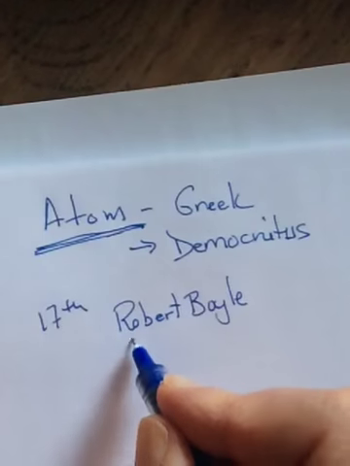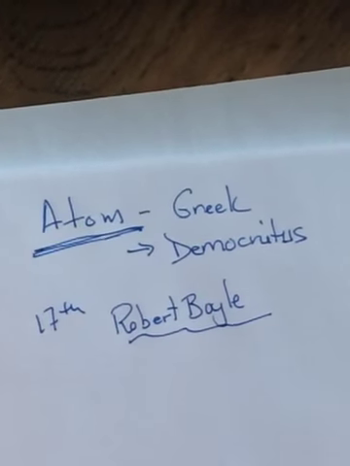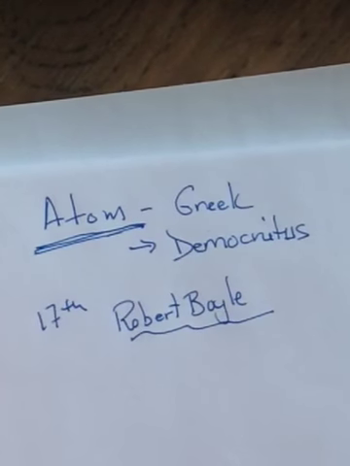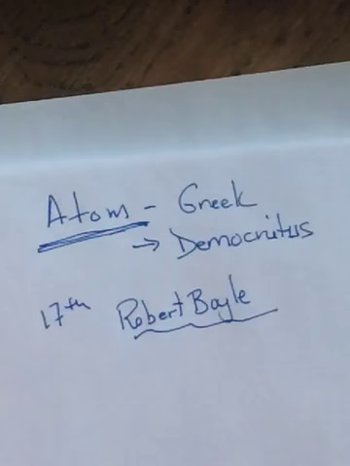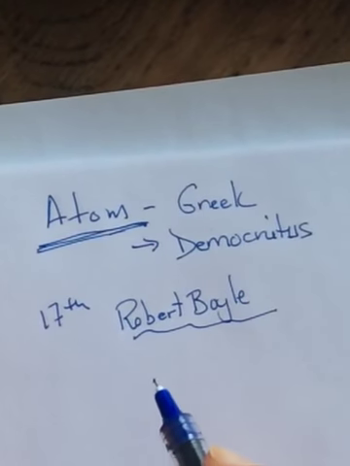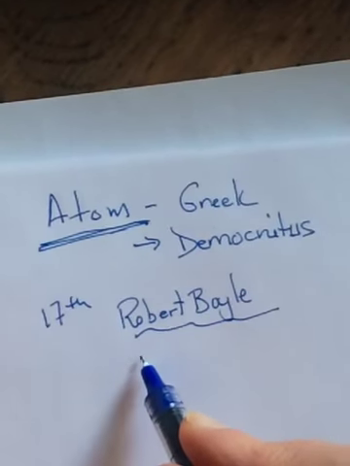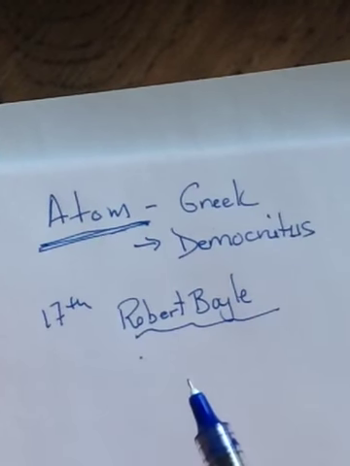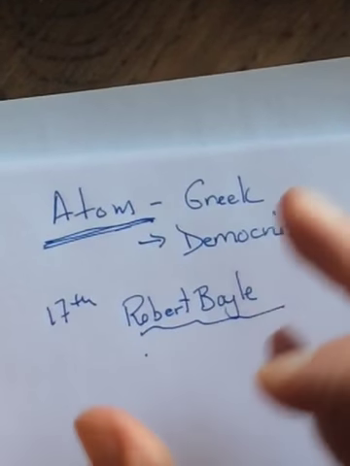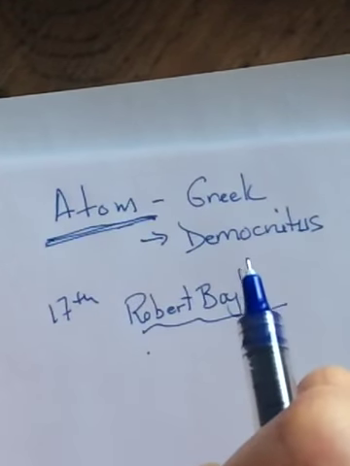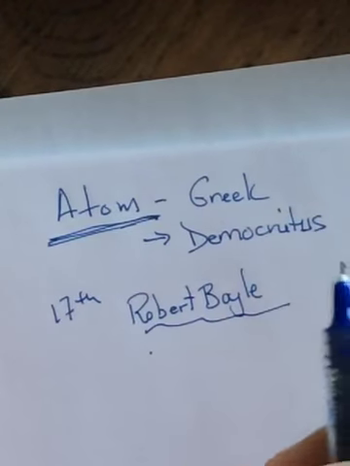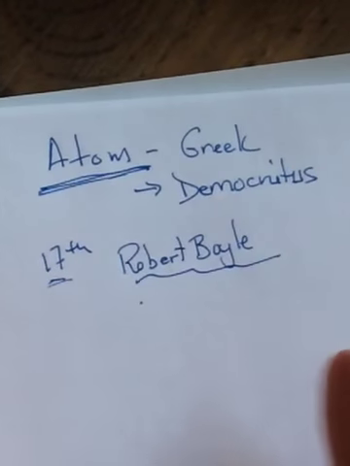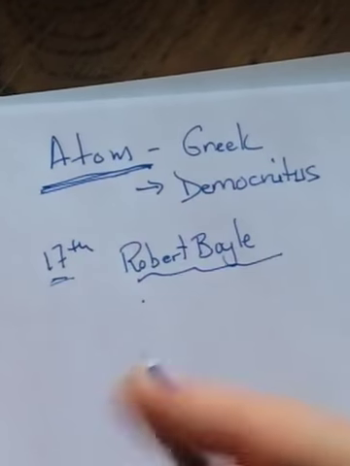He was studying gases, and he noticed that when you increased the pressure, the volume decreased, and when you decreased the pressure, volume increased. So he suggested that the gas was made up of little atoms separated by space, and when you increased the pressure, you pushed them together, and when you decreased it, you separated them. So he began to think of substances as made up of these atoms.